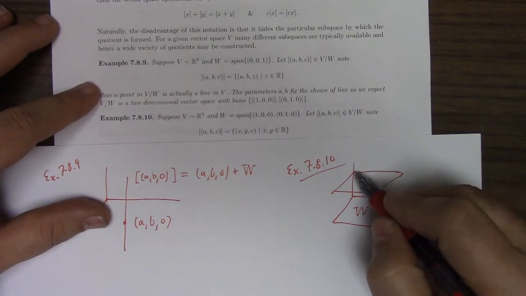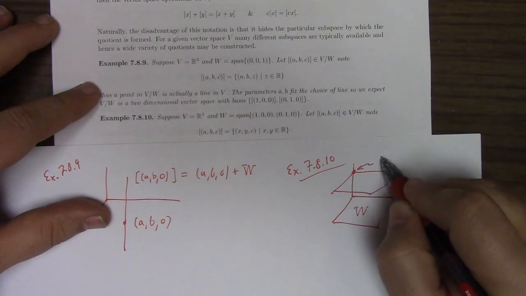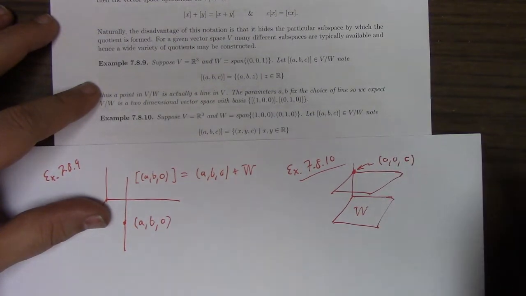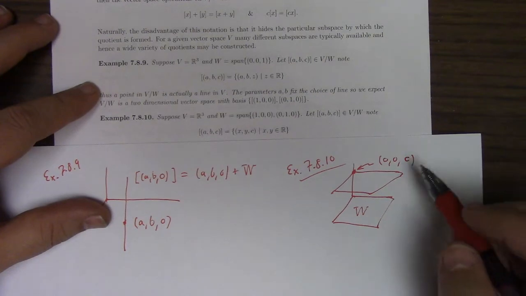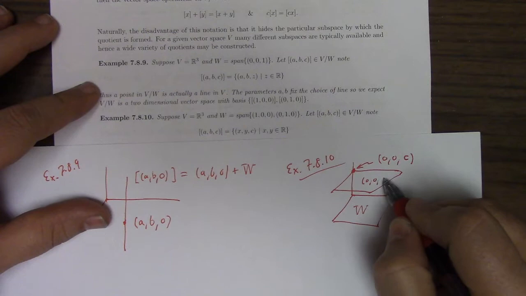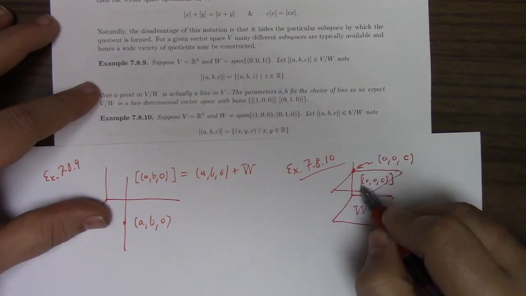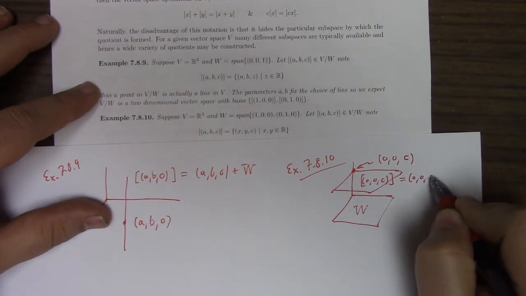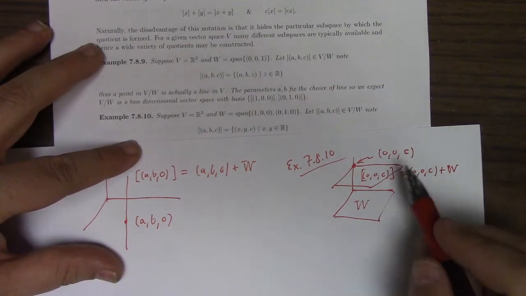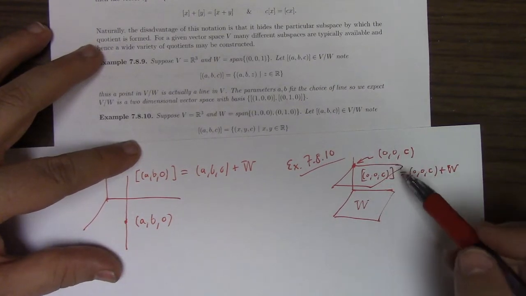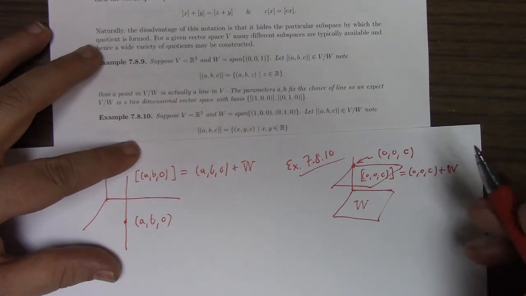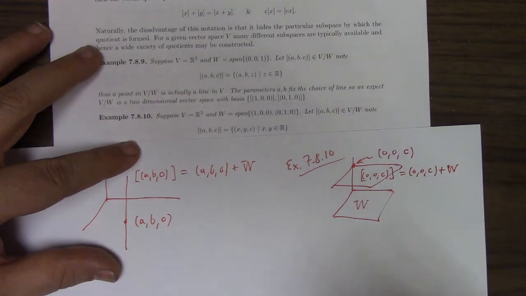That point right there would be (0, 0, c), or in brackets, if you like, (0, 0, c) plus W. It's the horizontal plane that is parallel to W. So the cosets in 7.8.10 are horizontal planes which slice up R3.